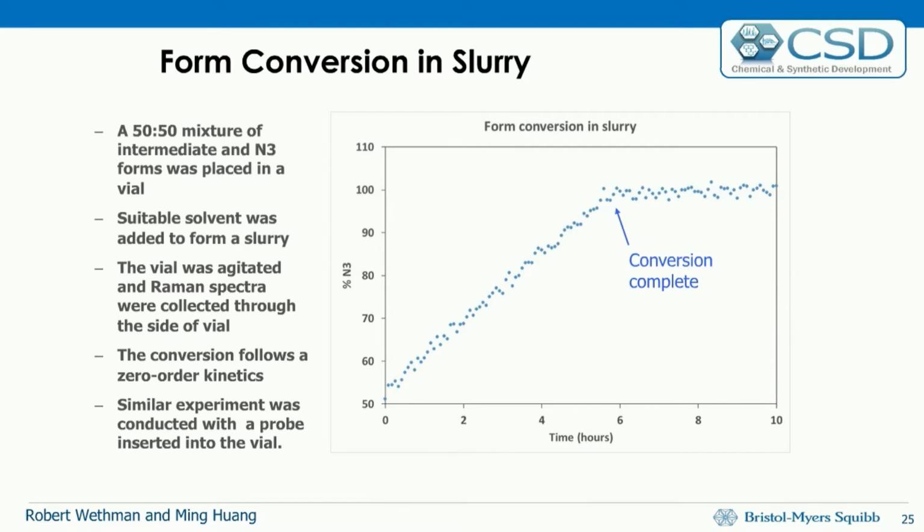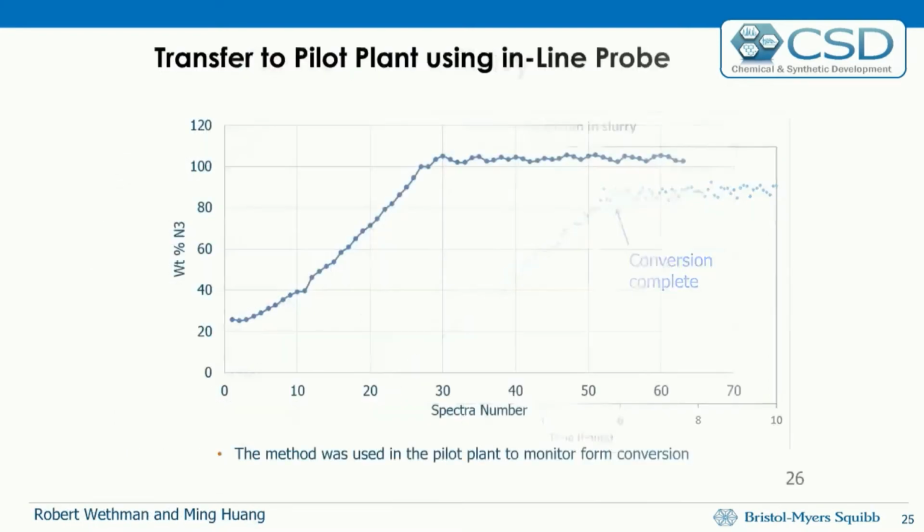Once it's gone into the pilot plant, you can take that exact method that was non-contact and in a laboratory with a probe and transfer that to a large probe in the pilot plant setting. And that's part of the versatility of being able to use a Raman instrument with access to non-contact and various size probes, from a micro probe, a typical 18-inch laboratory probe, to an 8-foot pilot plant probe.